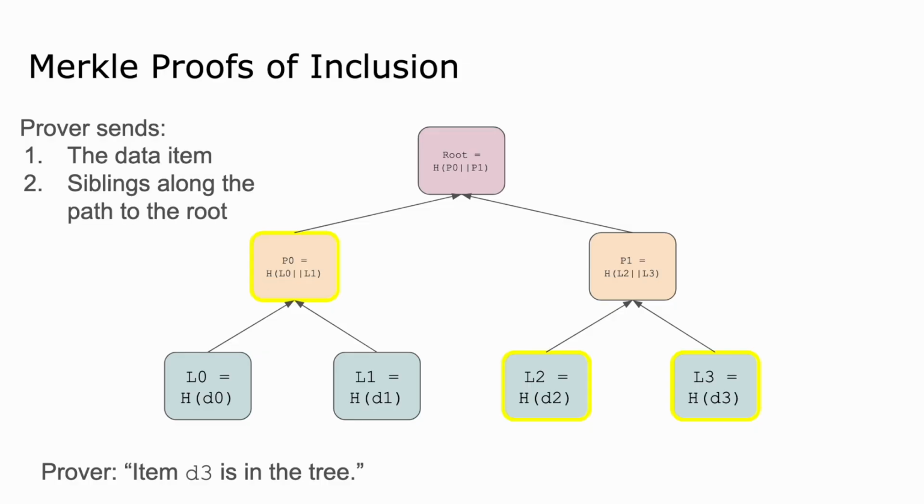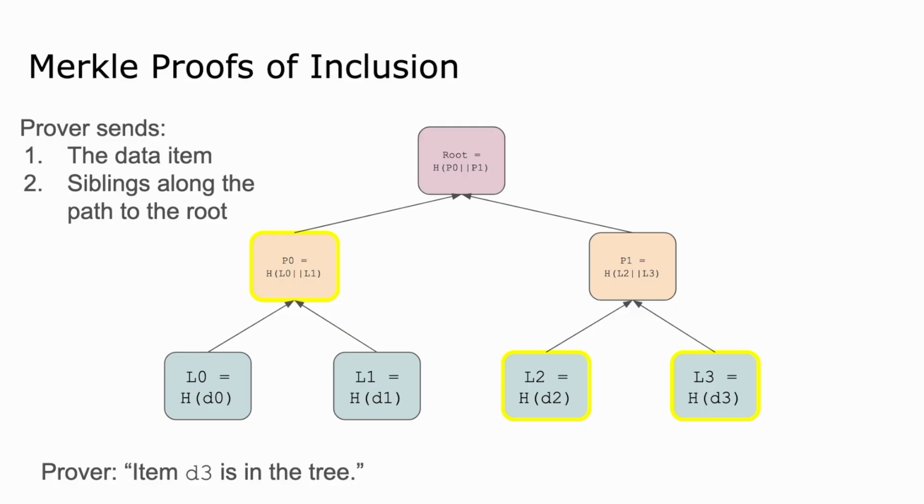I can also send you the sibling hashes along the path up to the root node. Here I'm going to send L2, which is the sibling of L3. I don't need to send P1 because the verifier can compute that from the 2 values L2 and L3, which it has or is able to compute. Then I also need to send P0, which is the sibling of P1.